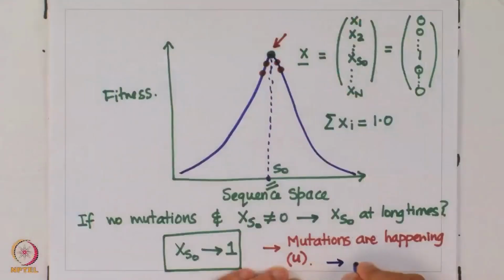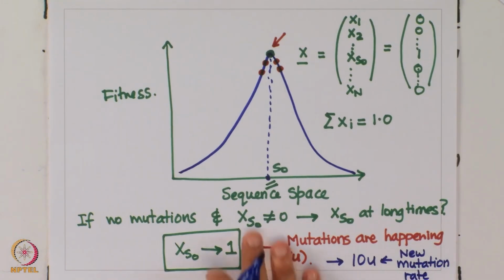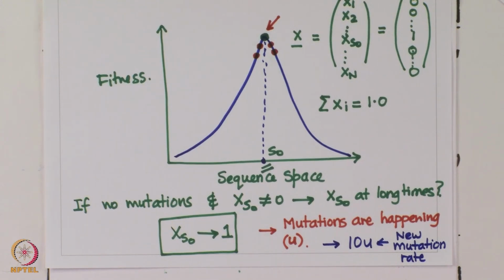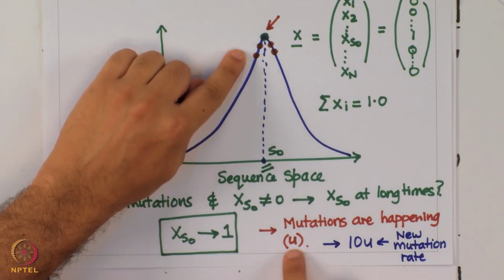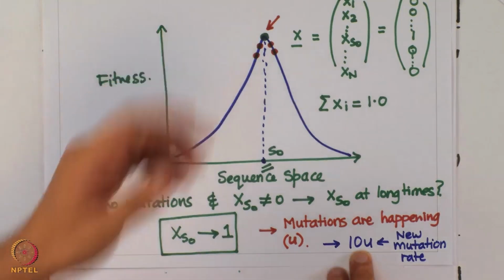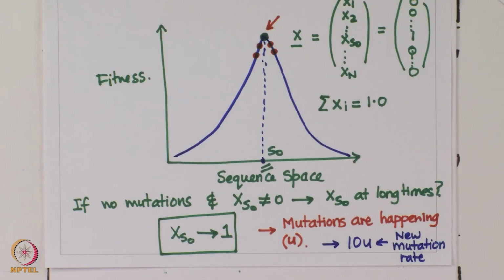What happens if the mutation rate is now 10 times mu? This is my new mutation rate. What would happen at the steady state in a scenario such as this, where if this was the steady state corresponding to mutation rate mu, now the new mutation rate is 10 times mu, what would be the corresponding steady state?